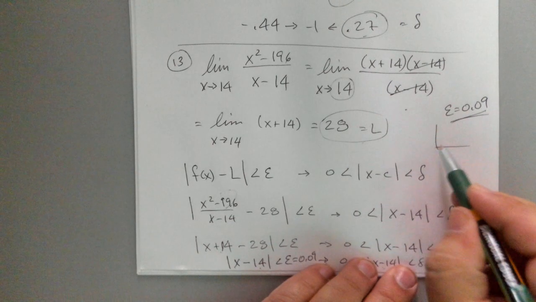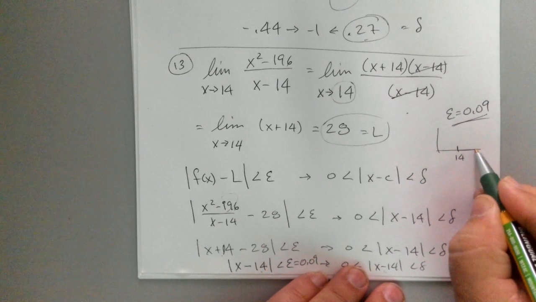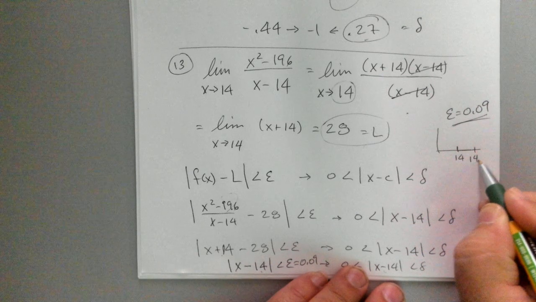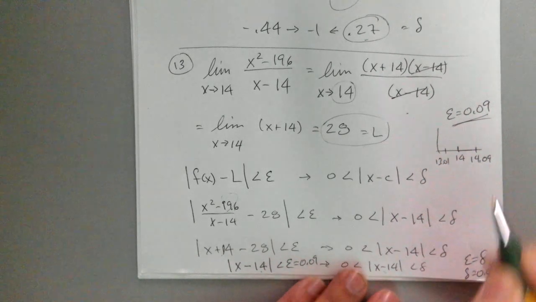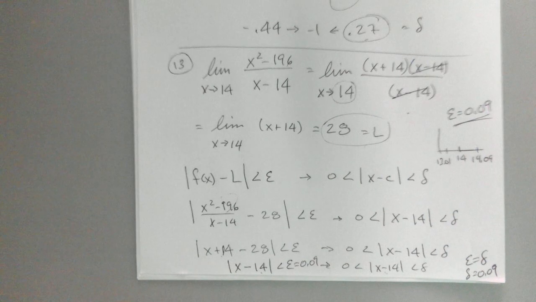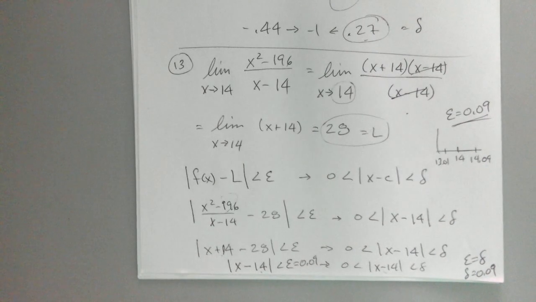So on our xy, it would be 14.09, and this is 13.91. The largest delta value you can use is 0.09, and the largest value it's going to give you is 14.09. All depends on what the question is going to ask for.